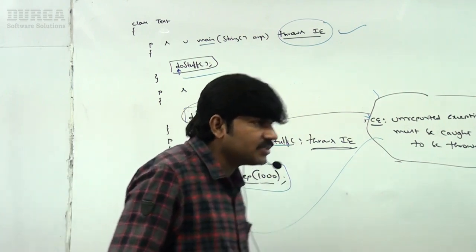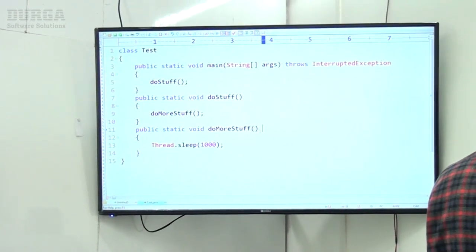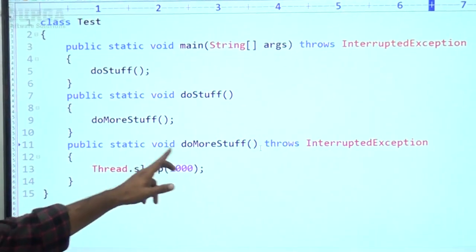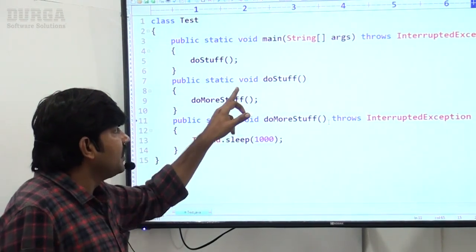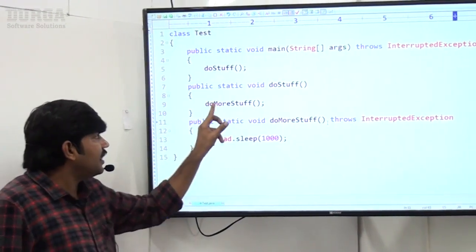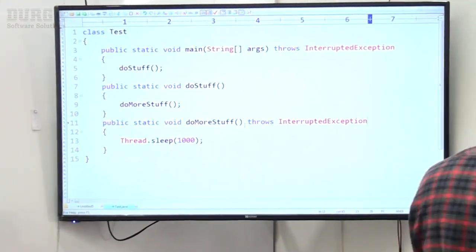Now have a look once. For doMoreStuff, throws InterruptedException is there. But doStuff is not delegating. Now doStuff is responsible to handle it. At line number 9, the problem is going to come. Observe carefully, right?